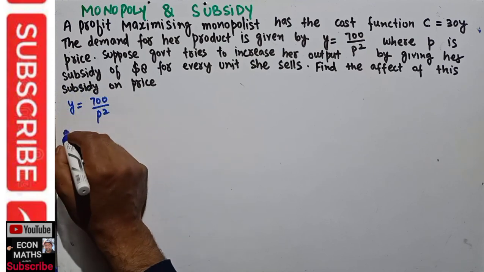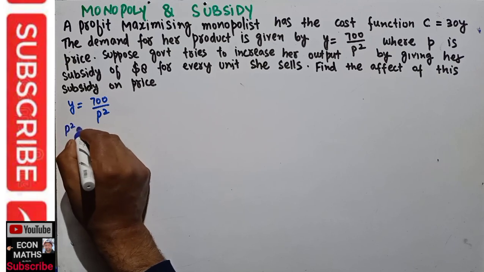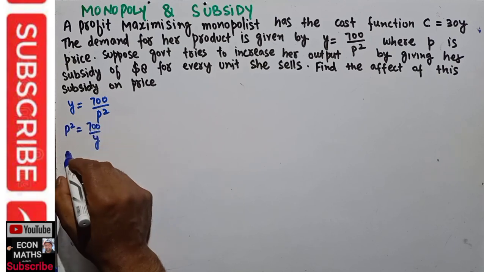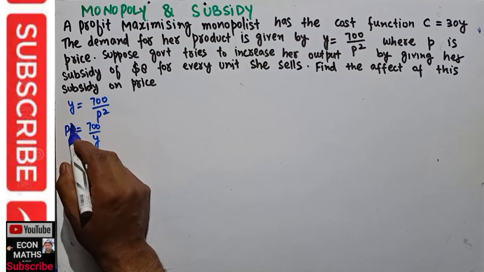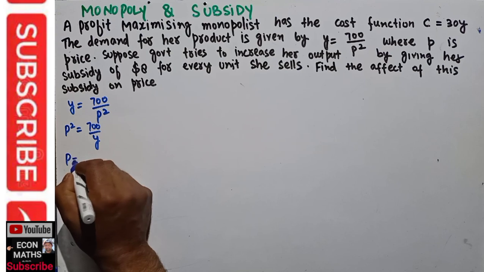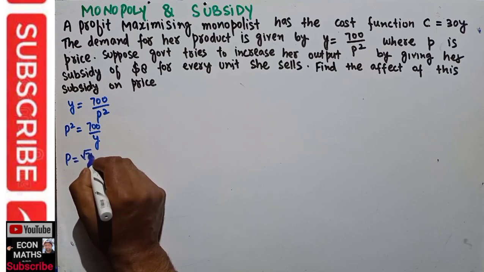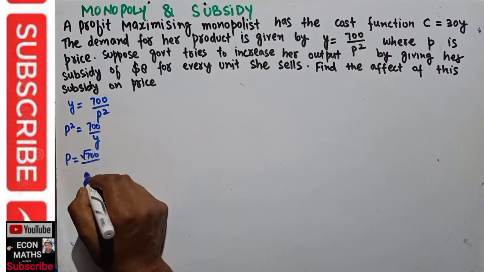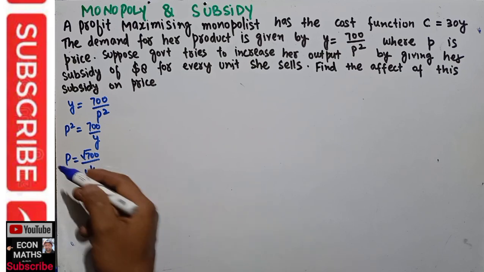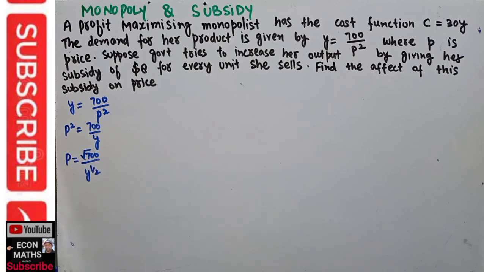So if I transpose p here, it will become p square is equal to 700 upon y. That gives us, if I transpose this square, it will become under root here. So we will get p will be equal to under root 700 divided by y, raised power 1 upon 2. Okay, this is our inverse demand function.